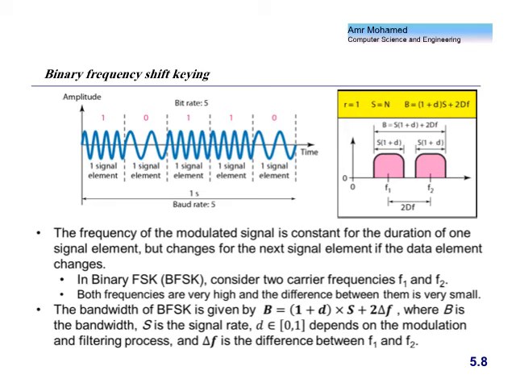So I have half S times 1 plus D and half S times 1 plus D plus 2 delta F, right? This is the bandwidth. So the whole bandwidth is S times 1 plus D plus 2 delta F, which at the minimum is 2 times 1 plus D times S. This is the minimum.